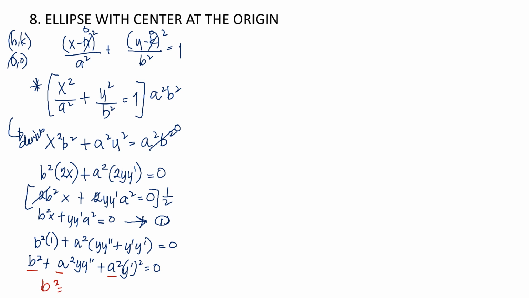So b squared is equals to minus a squared y double prime minus a squared y prime squared. So, pwede na natin gamitin ito. So, this is for b squared.